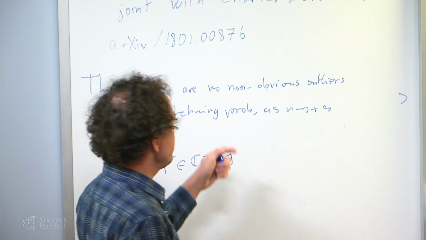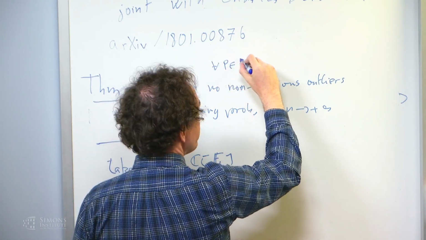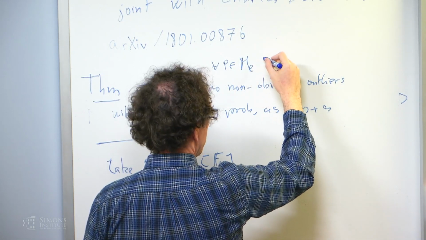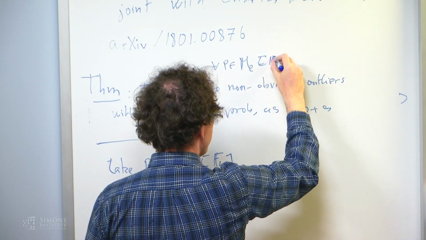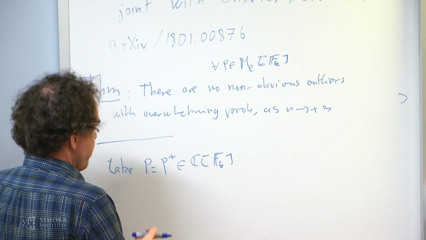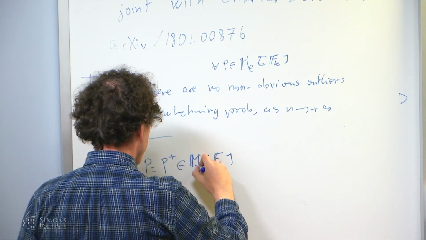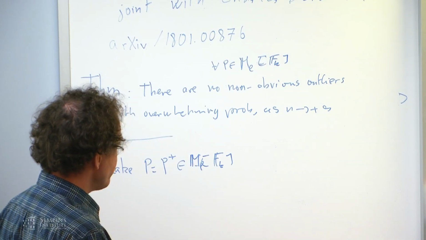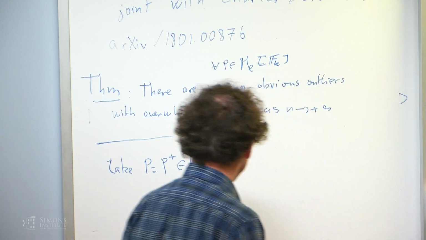Oh yeah, and by the way, this is true for any P which belongs to the matrices with matrix-valued coefficients in the free group. Then what you do is to remove the obvious part.